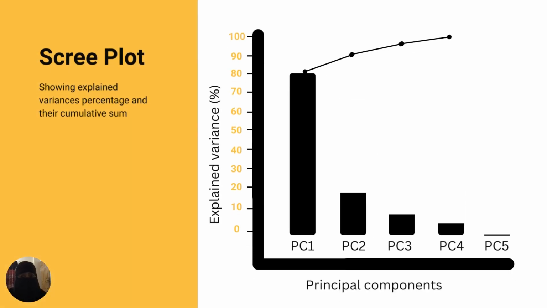The scree plot tells us the proportion of variance explained by each of the principal components in an example dataset. On the other hand, the superimposed line chart gives us the cumulative sum of explained variance up until the nth principal component.